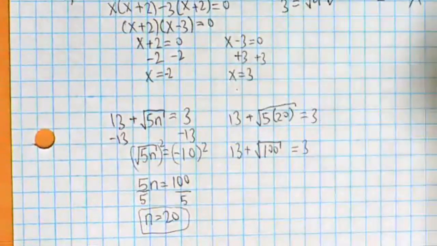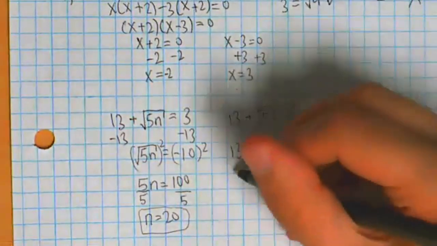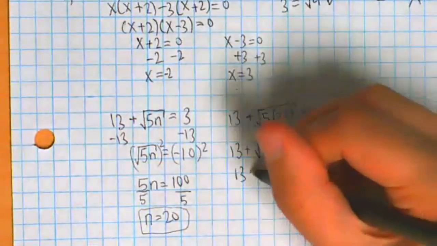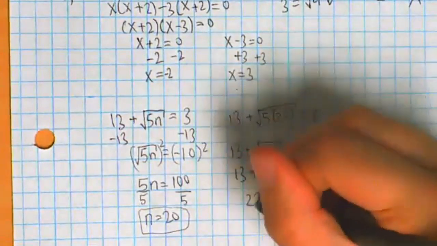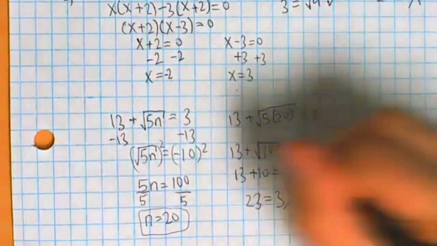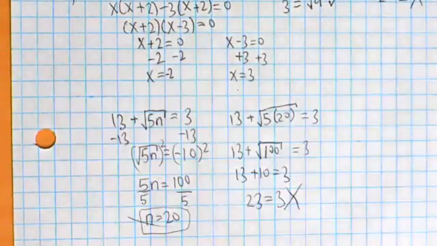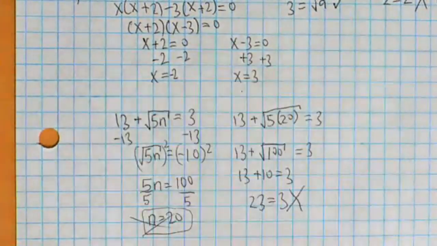And 100 is another of our perfect squares because 10 times 10 is 100. So that means that the square root of 100 is 10. And we have 13 plus 10. 23 is equal to 3. That is not the case. And that consequently means that n equals 20 is not a solution to this.